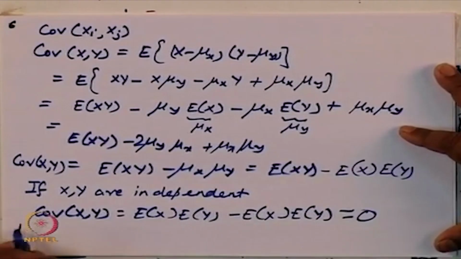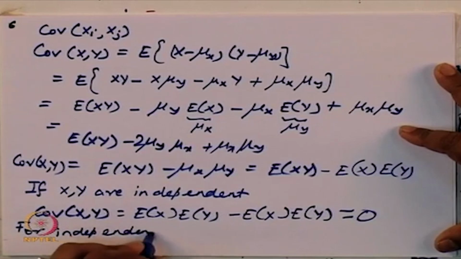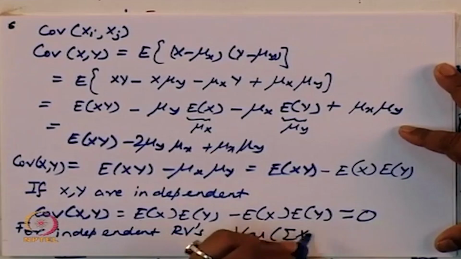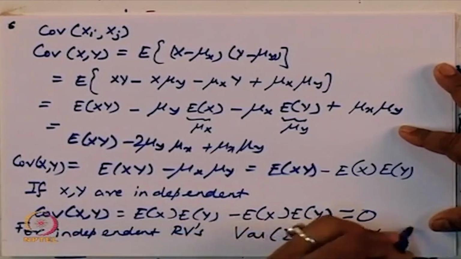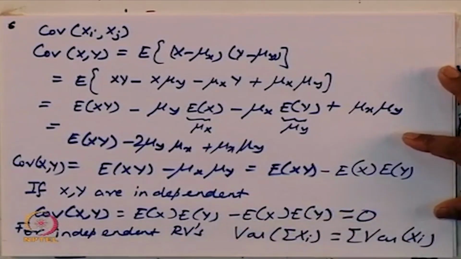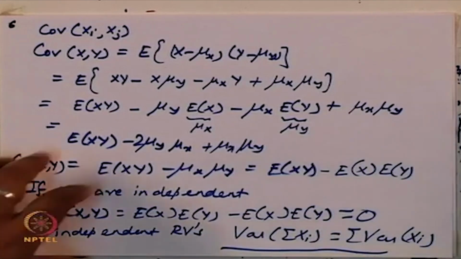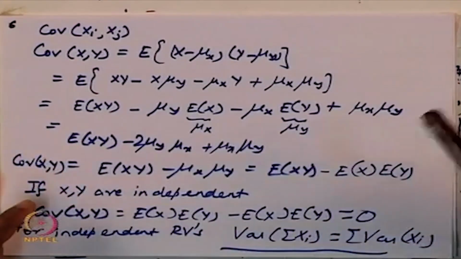So, for independent variables only, I can write that the variance of the sum is the sum of the variances. This equation is applicable when your random variables are independent of each other. In general this equation is not valid, but when the random variables are independent, then you can write this equation. Let us solve two sample cases where I can use this equation.